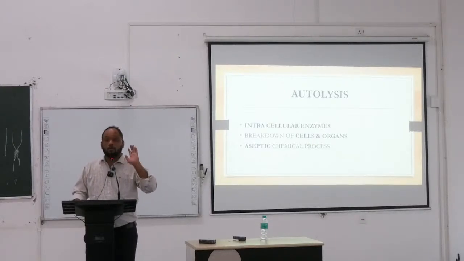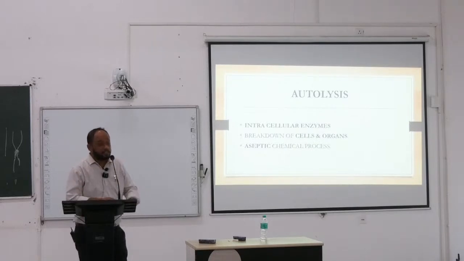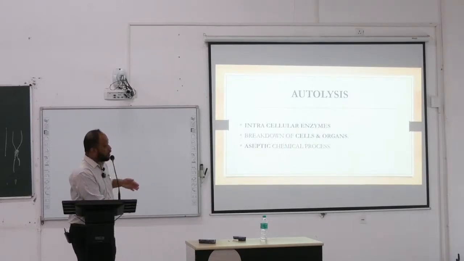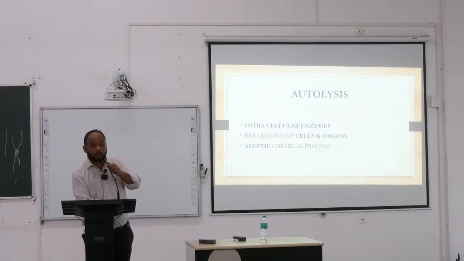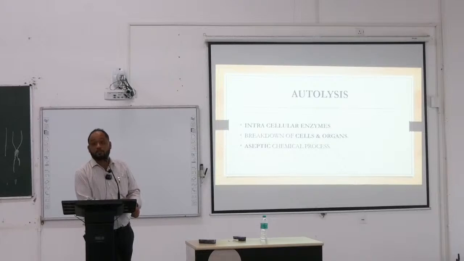This is how lysis happens. Since this is an automatic process, it is called autolysis. Point to remember: in this process there is no involvement of any bacteria or any other microorganism. So this process is called an aseptic chemical process.